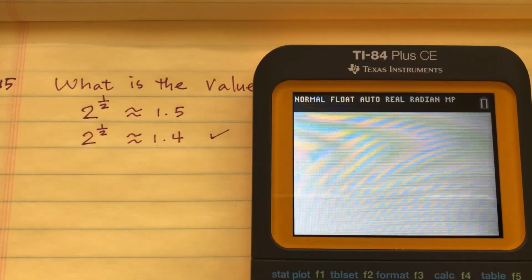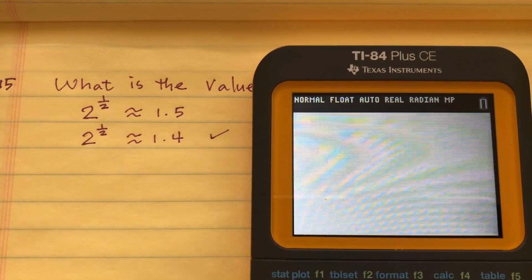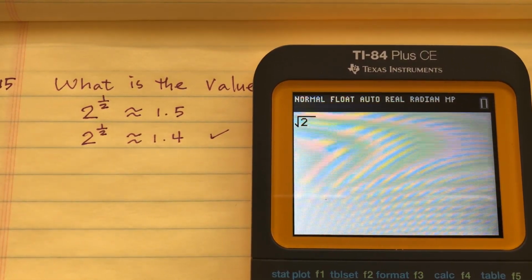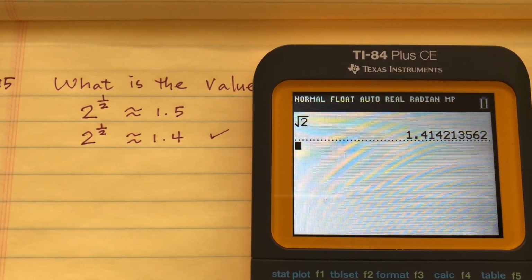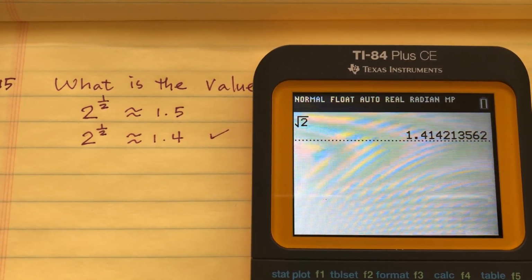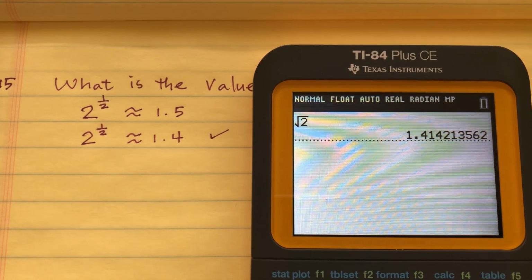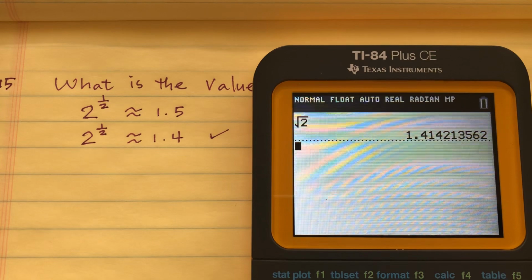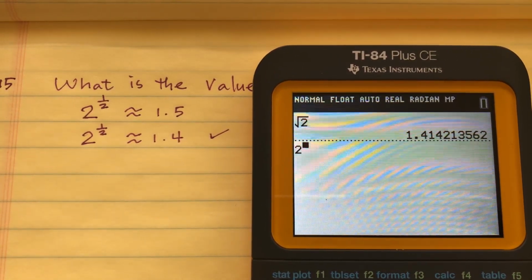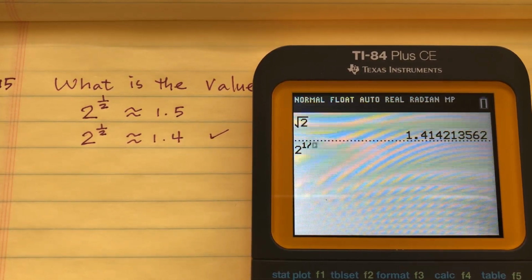So what is the square root of 2? If I enter it, we know it's going to be 1.4142135562, right? Let's compare that to 2 to the 1/2 power.